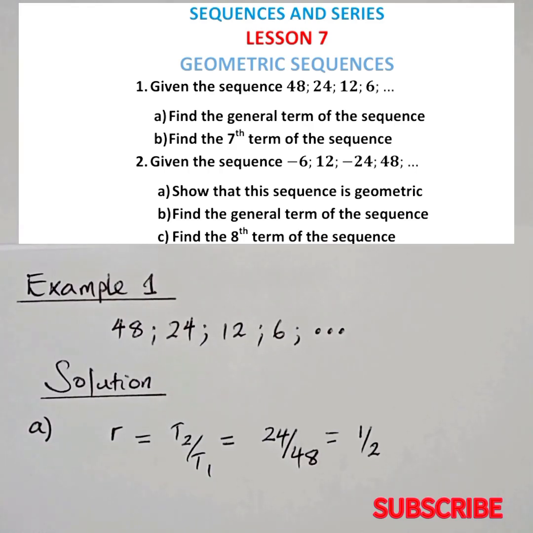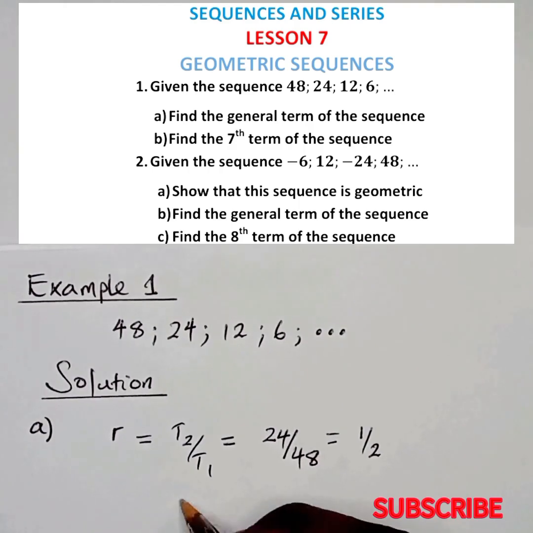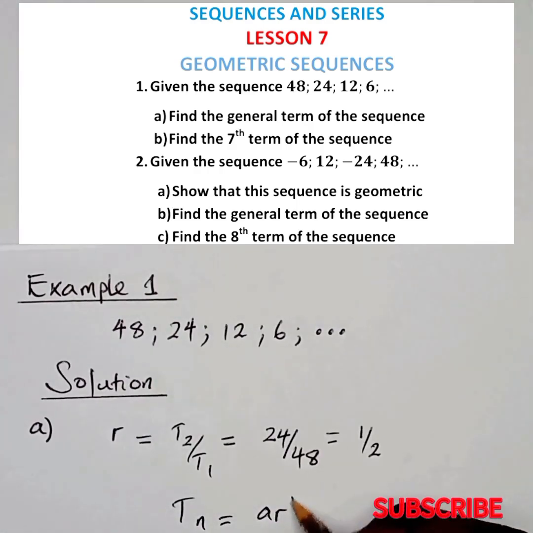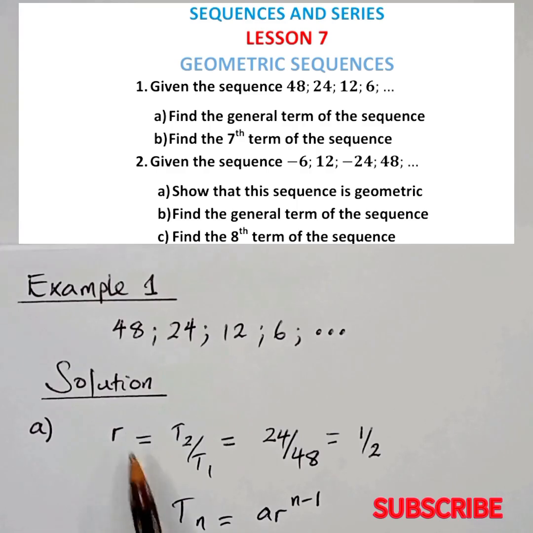Now, to find the general term of that geometric sequence, we are going to use the formula for the general term of a geometric sequence that says Tn is equal to A R to the power n minus 1. We have R, the common ratio, and we have A, the first term.